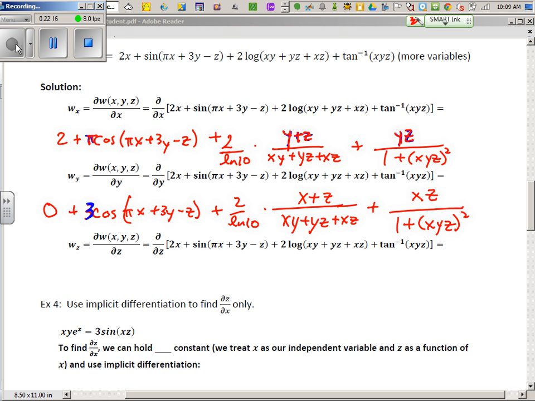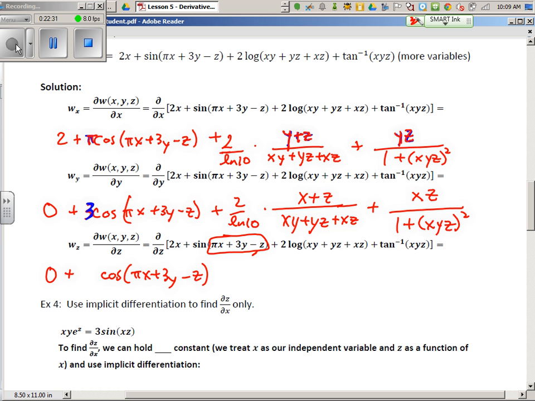I'm sure you can guess the answer to the last one, but we'll fill that out as well. Okay, so for our last one, z is the independent variable. So we get 0 for the first term. The next term is going to be cosine of pi x plus 3y minus z. But the derivative of the inside is negative 1 because you're only looking at this z term. So there's a negative 1 right there.